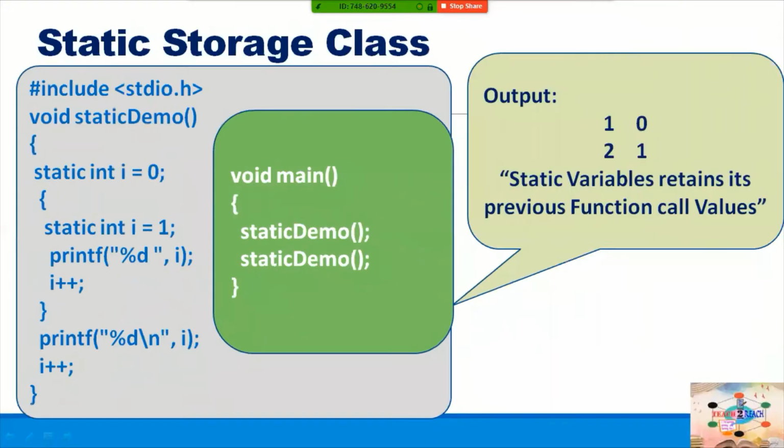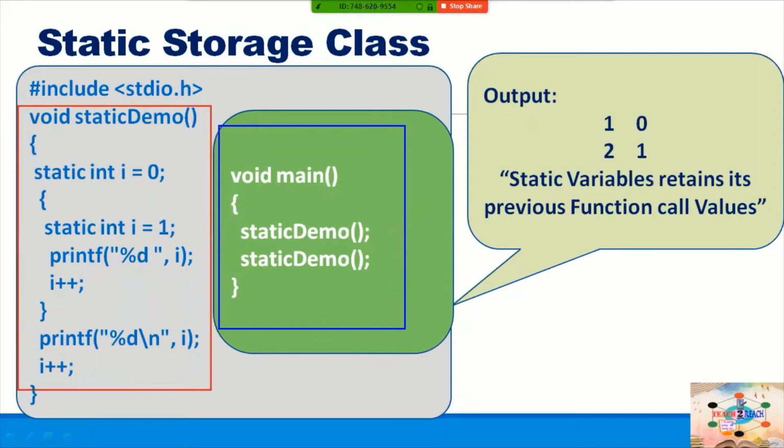In this slide, if we see, this is the main function, and this is the static demo function. This static demo function is called by the main function, so immediately a jump occurs from this place to the static demo function.